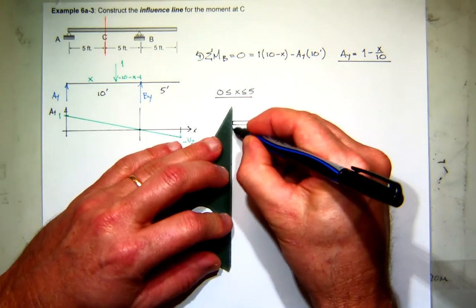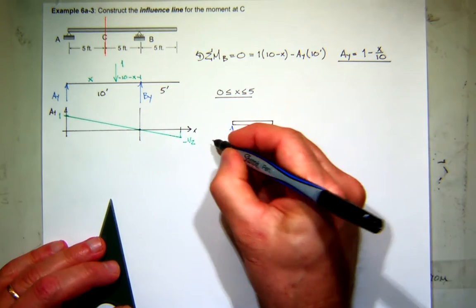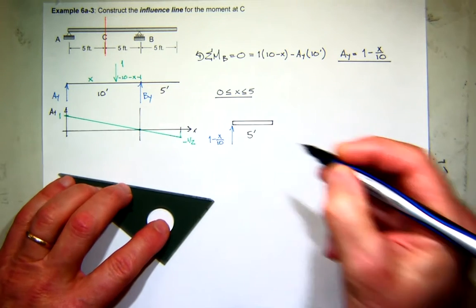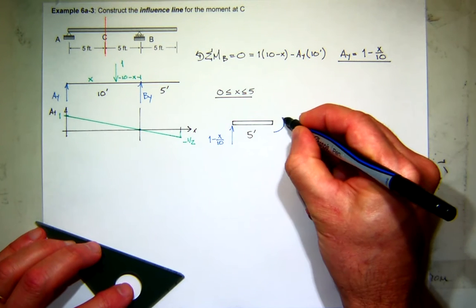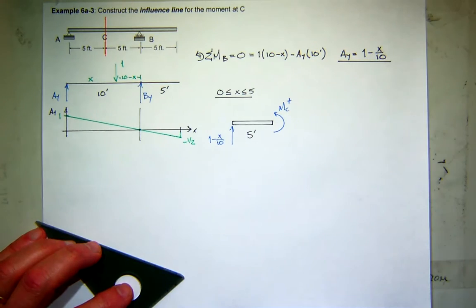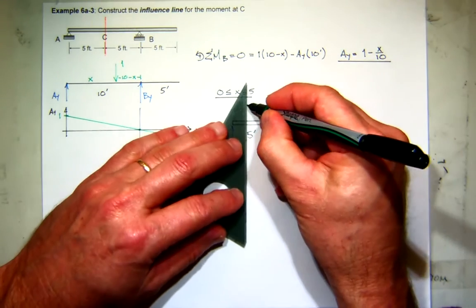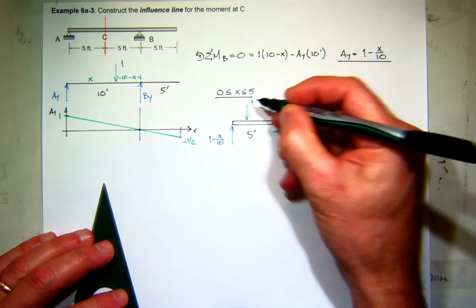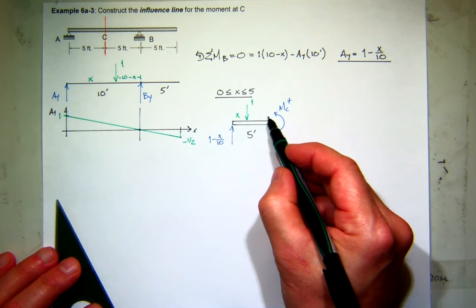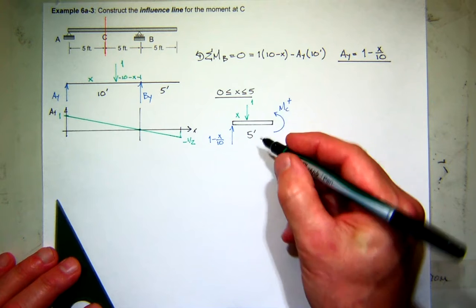I've got my A reaction, which is 1 minus X over 10. I'm going to solve for my moment at C. That's positive bending moment. And then I'll have my unit load at some position X. So what's the distance here from the cut to the unit load? 5 minus X.